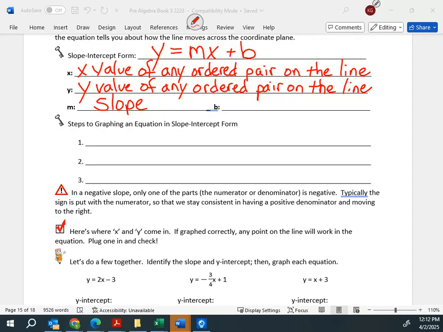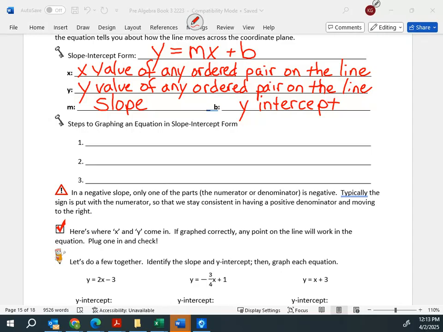The b is the y-intercept. Knowing what each of these letters stands for is the first step to being able to use this equation. So we have to remember the x value, the y value, the slope and how to find that slope, and then the y-intercept, and we know how to find the y-intercept.